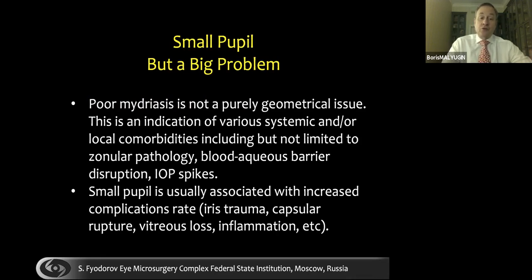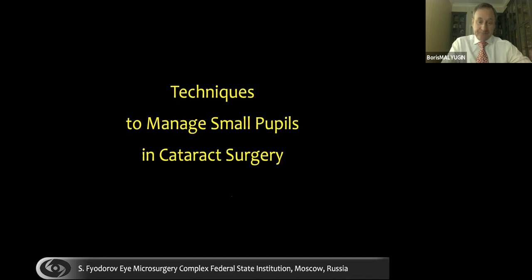It is also known for its association with an increased complication rate, such as iris trauma, capsular rupture, vitreous loss, inflammation, etc. And it is known that 1 millimeter of subnormal pupil, so 1 millimeter of pupil miosis, increases the complication rate by roughly 10%.